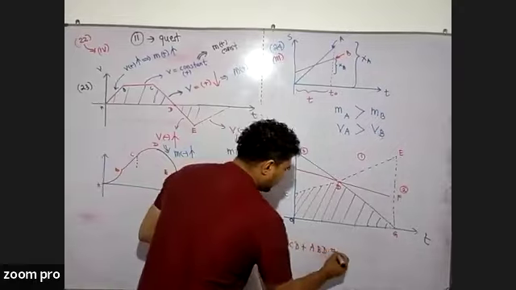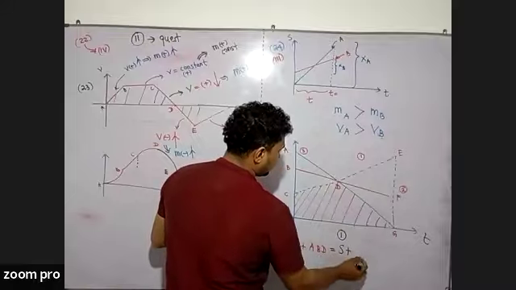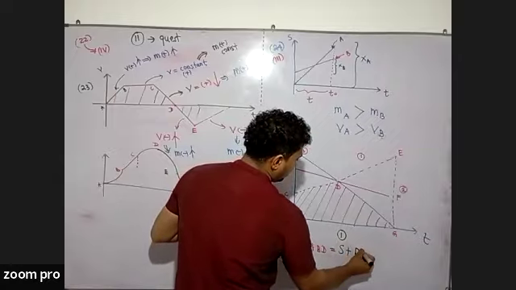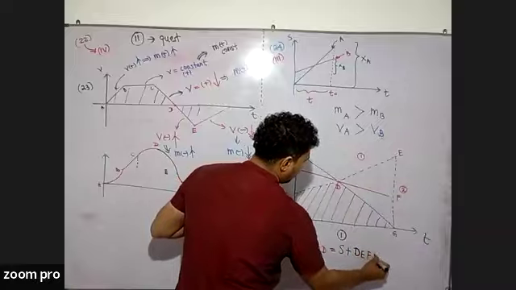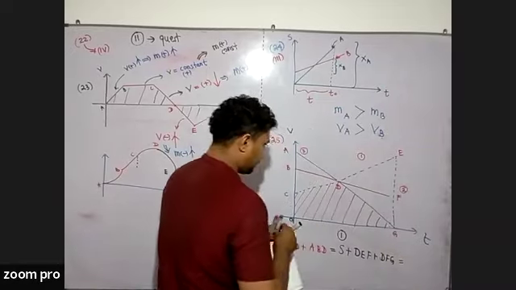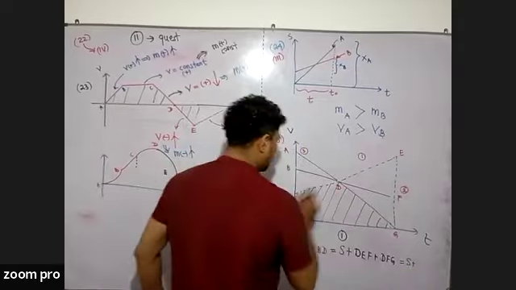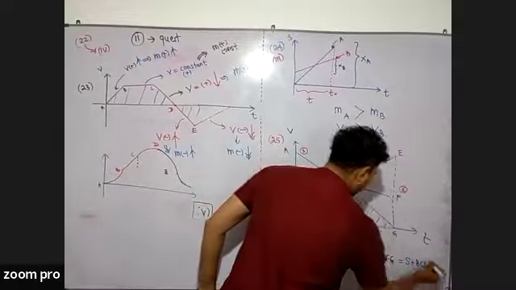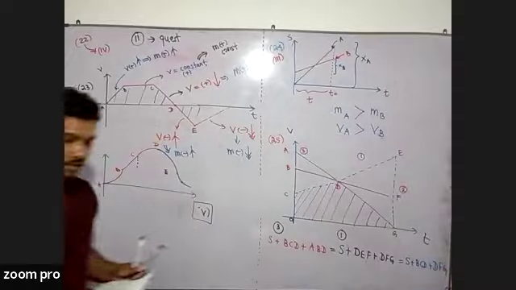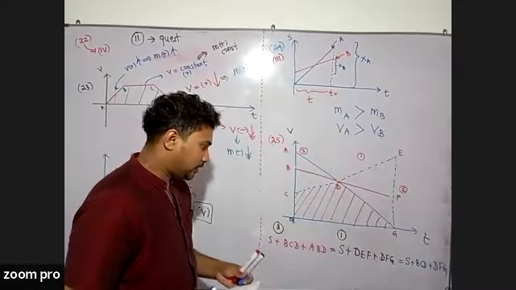It should be equal to, for the first car, X plus DEF plus DFG. That is equal to, if we consider the second car, the shaded area plus BCD plus DFG, right? So this is the simple equation that we can obtain.